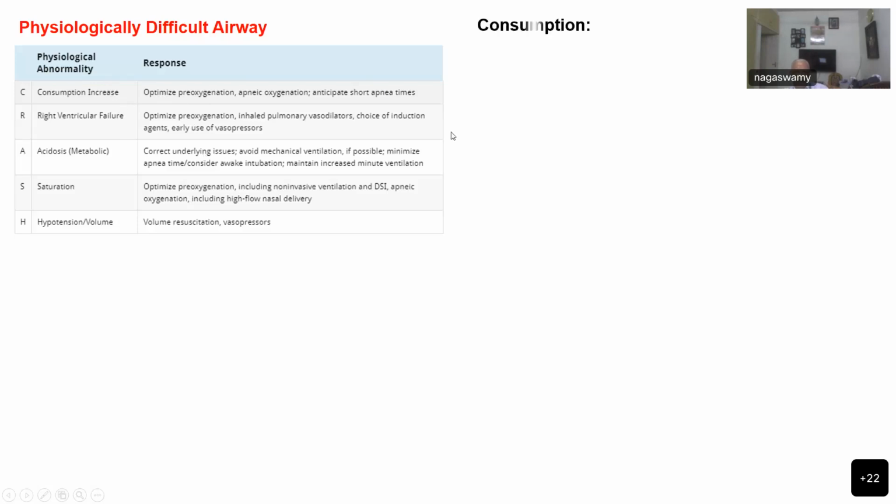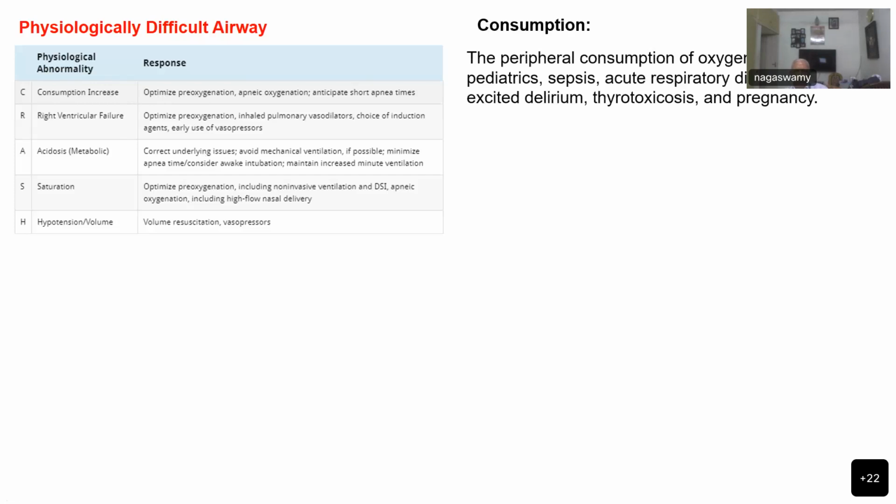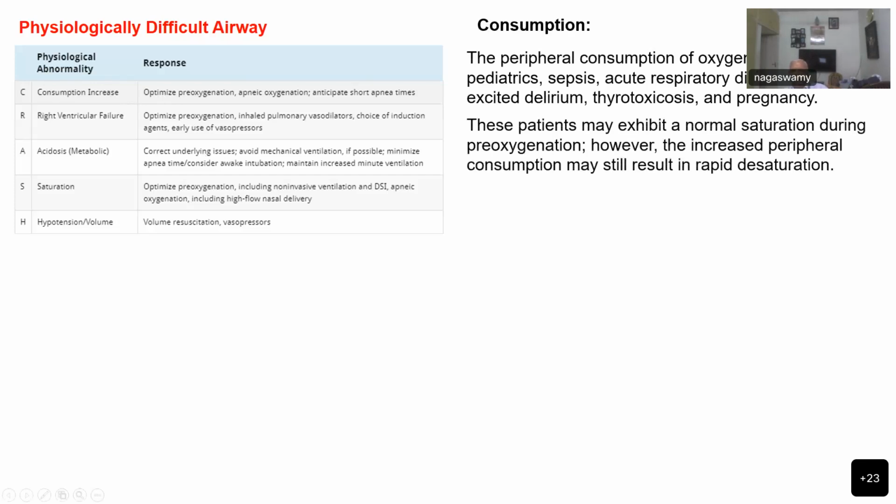So going to the details, from the first one, consumption: peripheral consumption of oxygen is increased in pediatric sepsis, acute respiratory failure, thyrotoxicosis, and pregnancy. These patients may exhibit normal saturation during pre-oxygenation.